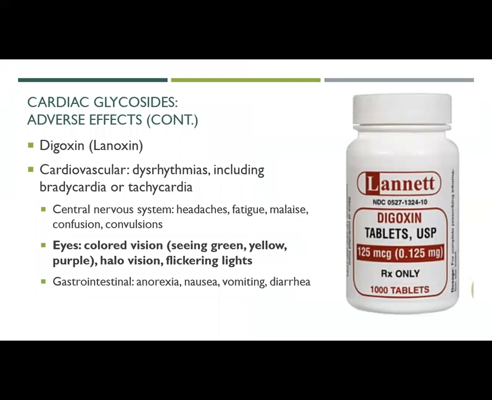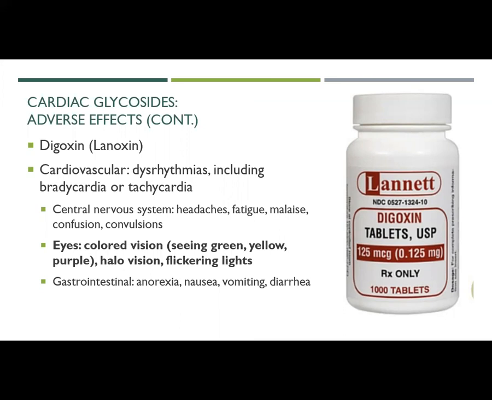These ones also have a lot of adverse effects, and those are things you really want to know. It can cause headaches, weakness, confusion, convulsions, but the thing is with the eyes. It causes colored vision: seeing green, yellow, purple, halo vision, and flickering lights.